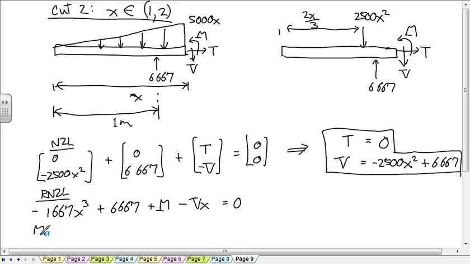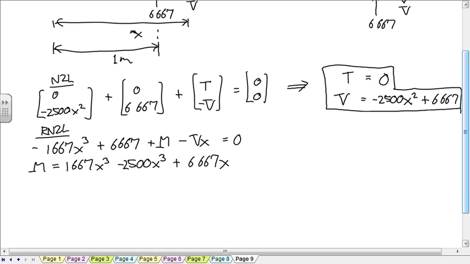So M is equal to positive 1,667x cubed plus Vx, so minus 2,500x cubed plus 6,667x. And so you get a value for M of minus 833x cubed plus 6,667x.